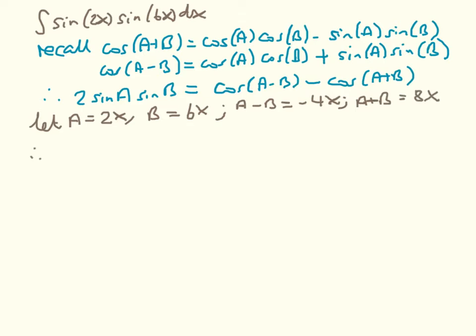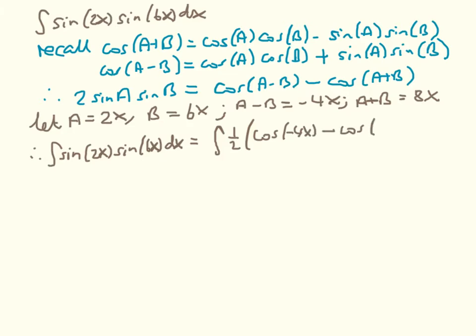So therefore our integral, the sine of 2x times the sine of 6x integrated with respect to x, is going to be the integral of 1/2, open brackets, cosine of minus 4x minus the cosine of 8x, all integrated with respect to x.